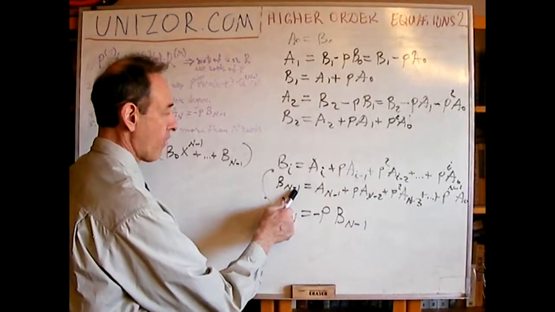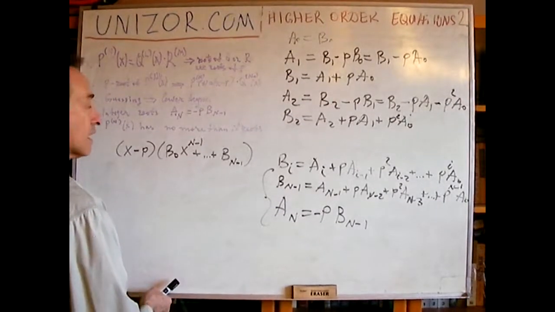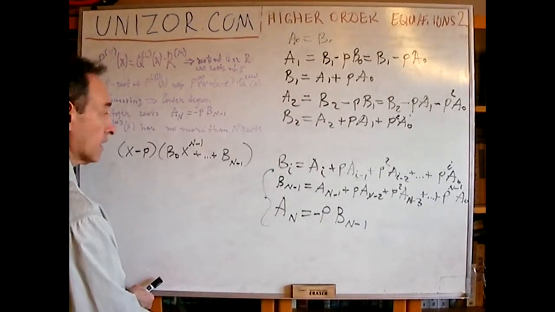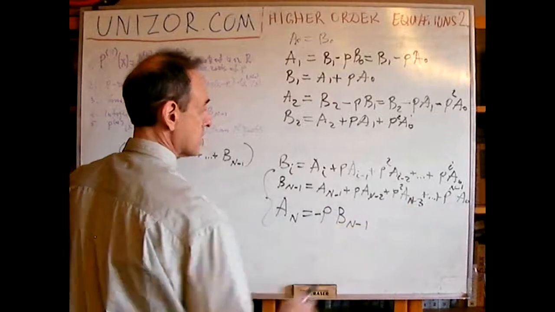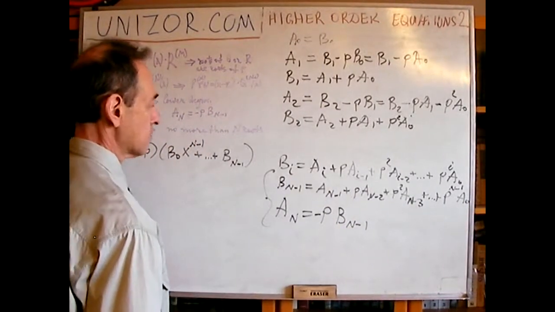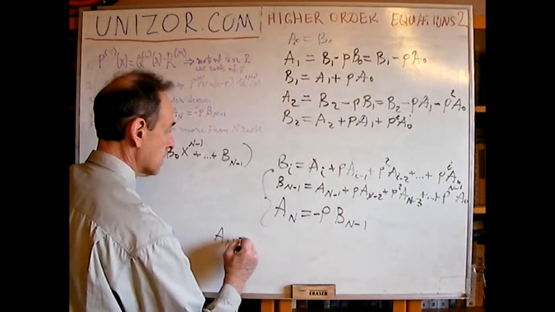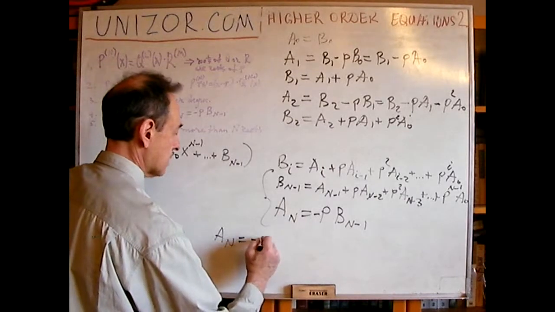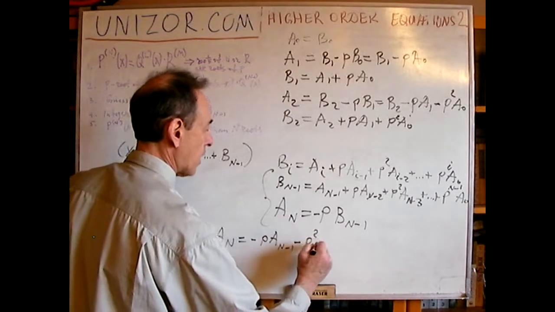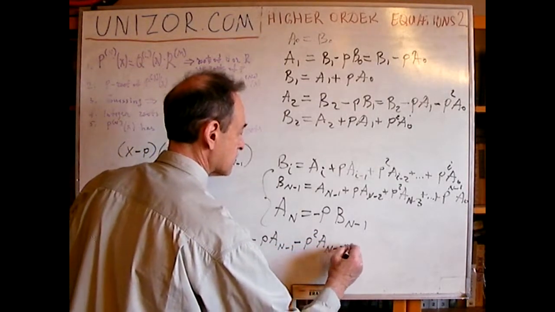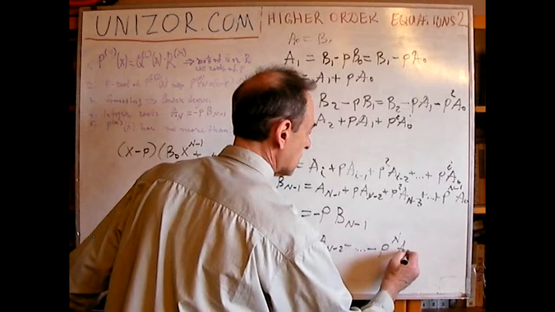If bn minus 1 is equal to this, then what's important is, don't forget that p is a root of the original equation. Let's multiply minus p by this expression for bn minus 1. What do we have? Well, we have an equals minus p a n minus 1 minus p squared a n minus 2 minus etc. minus p to the n a0.